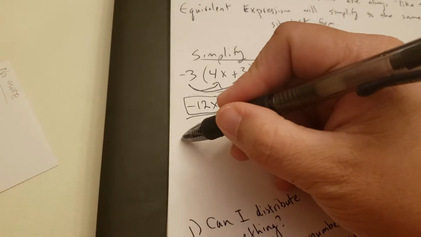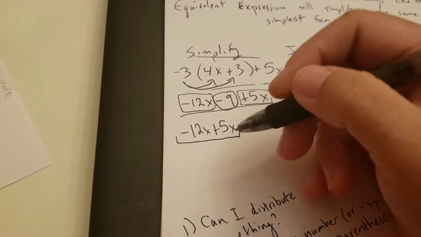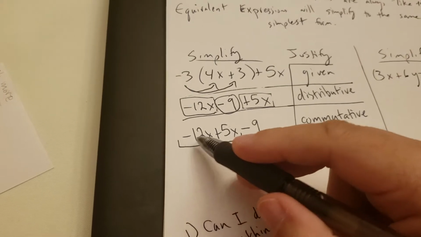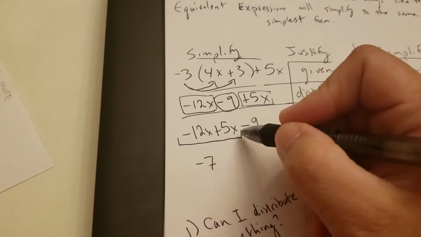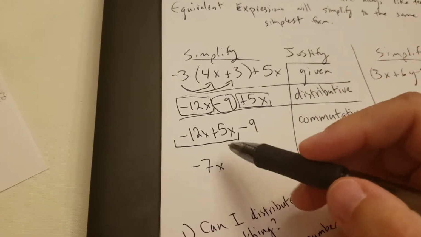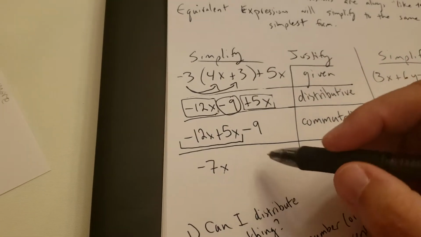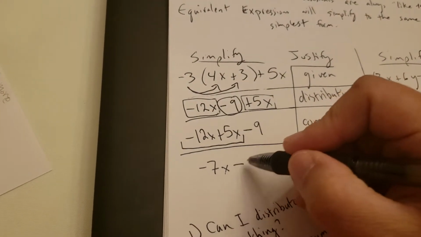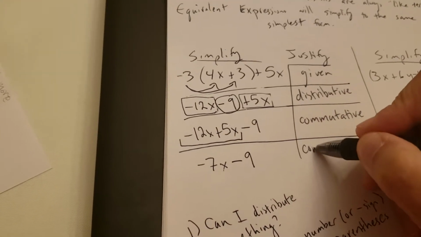Because right now you can look and you can see I've got negative 12x plus 5x. Negative 12 plus 5 is negative 7. I'm going to keep that x with it because that's the kind of thing I'm adding together here, is x's. Then I got to bring down my minus 9. And that was combined like terms.